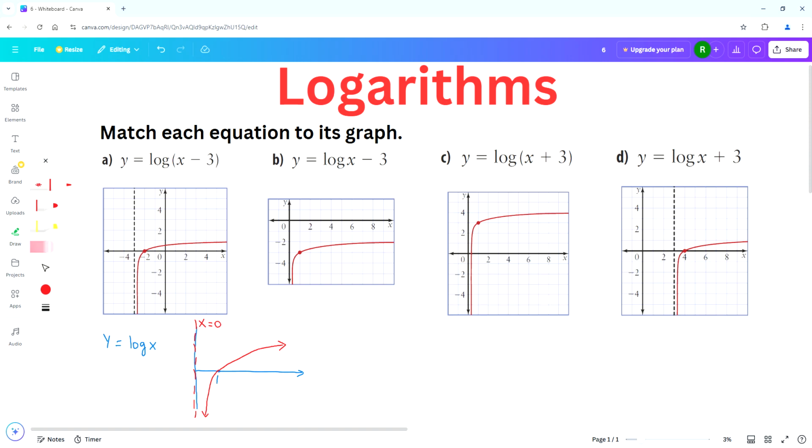In order to identify the graph for each of these given equations, we have to know the transformation that's applied to the parent function to get each of the four given equations. For that, we'll have to compare each of the given equations with the general equation of a transformed logarithm function.